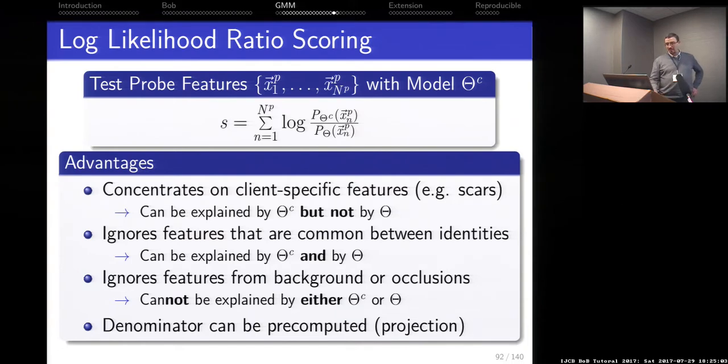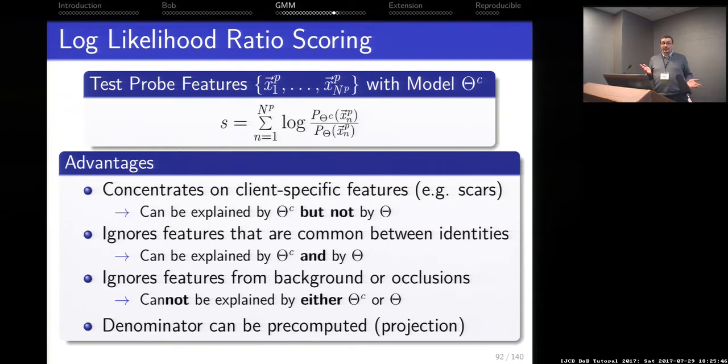We iterate over the probe features and compute the probability that these features were generated by the enrolled model, and divide that by the probability under the UBM. The interesting part of that is that this concentrates on client-specific features. For example, if an identity has a scar somewhere in the face, then this scar is very specific, which can be explained by the model of the client, but not by the background model.